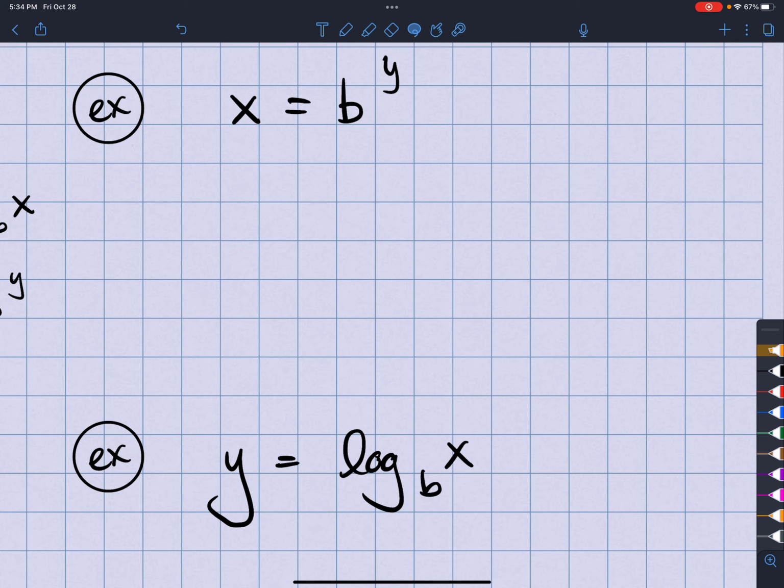That's going to equal log base b of x, which should look exactly like this right here, which is a log function. The log form of the logarithmic function, and this is the exponent form of the logarithmic function. So that is the opposite operation, which I just showed you right here.